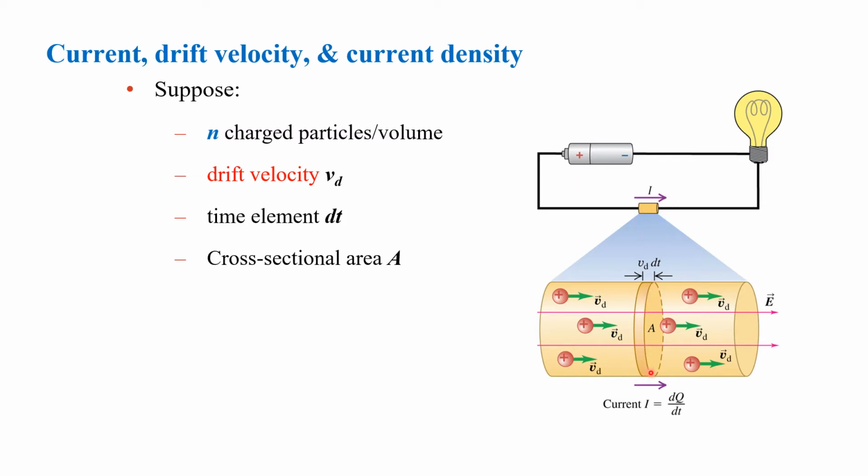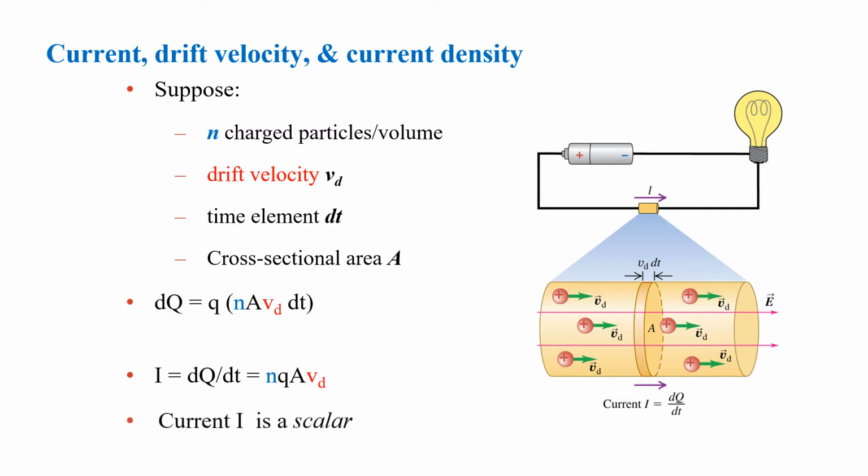Now dq is equal to q times n, the number of charged particles per volume, times the area times the drift velocity times the time element dt. Since I is equal to dq over dt, if we substitute dq, we have nqAvd. This is your current I, which is a scalar quantity.